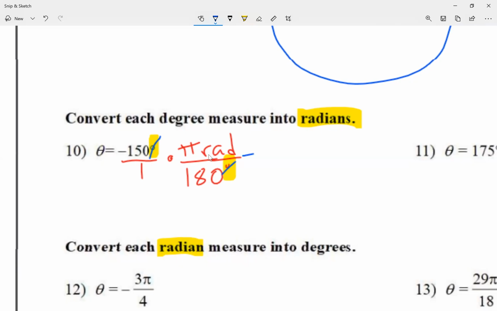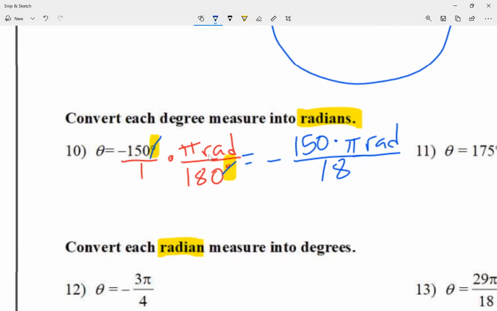So now what I have here, right, there's a negative sign. I'm not gonna worry about the negative sign right now. I notice on the top of my fraction, I have 150 times pi radians. At the bottom, I have 180.